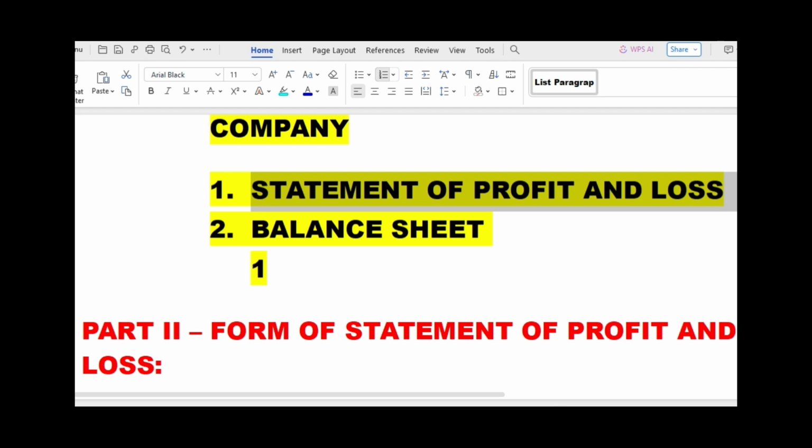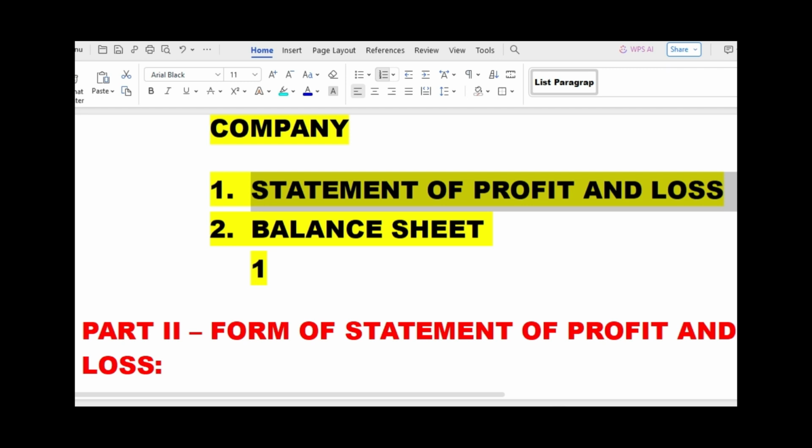And these two statements show, the first one, the statement of profit and loss, shows the profit earned by the business, that is, the results of business activities. So what are the results of business activities? It is the profit or loss that is known with the help of the statement of profit and loss. And to know the financial position, the balance sheet clearly indicates and highlights the financial position of the business.